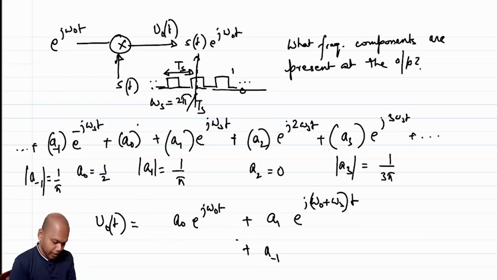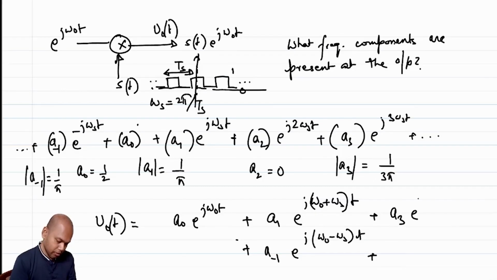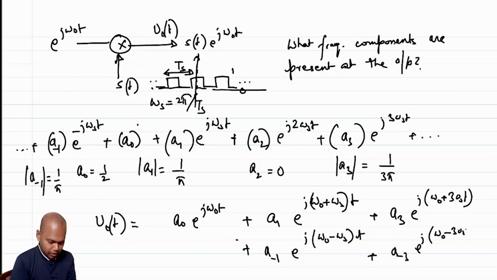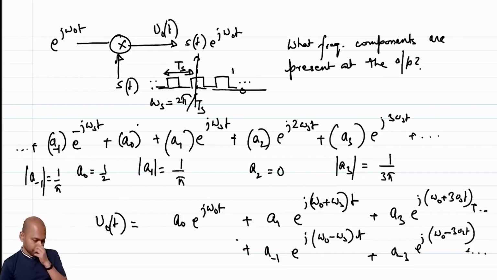Similarly, you are going to have A negative 1 e to the power j (omega naught minus omega s) t, plus so on, and A2 will go to 0. You are going to have A3 e to the power j (omega naught plus 3 omega s) t, A negative 3 e to the power j (omega naught minus 3 omega s) t, plus so on and so forth, right? So this is what we are going to have.